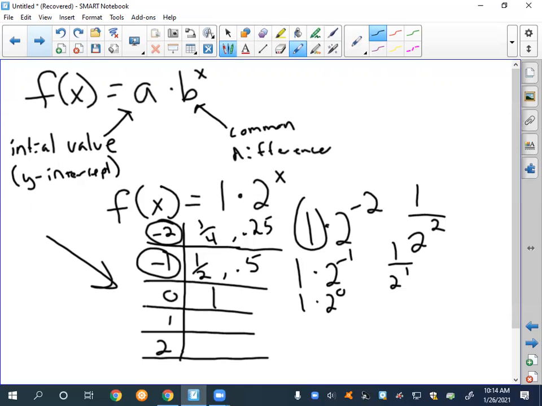Then in the second to last one, we got 1 times 2 to the 1. Well, that's easy. 2 to the 1 is 2, and 1 times 2 gives you 2. And then lastly, 1 times 2 to the 2. 2 times 2 is 4. 4 times 1 is 4.